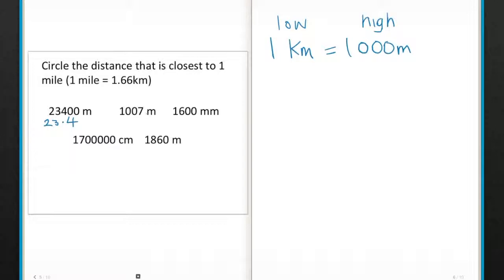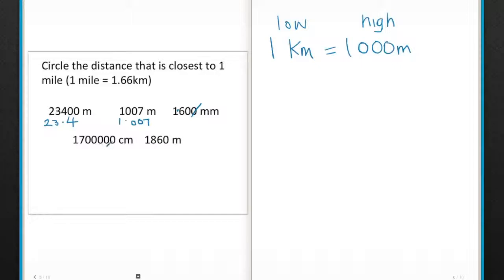Again, I'm starting high and I want to go lower. Divide by 1,000. That would give me 1.007, which is nearer. Right, millimetres, change it to centimetres first. Then if I change it to metres, I would divide by 100, so I'd only have 1.6 metres, so we know that that's not going to be anywhere near a mile.